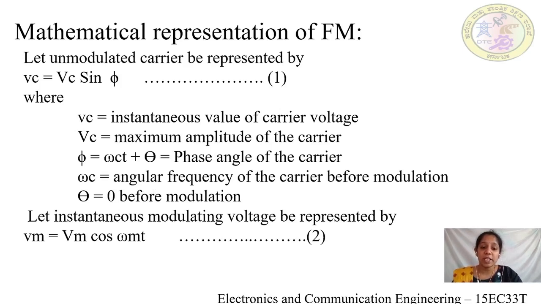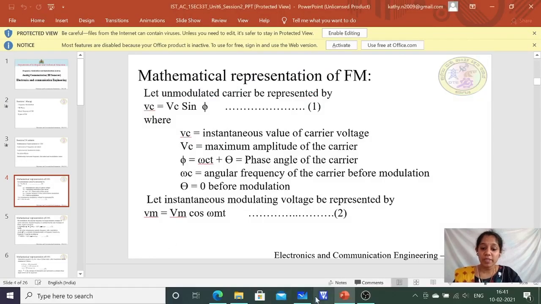Let the instantaneous modulating voltage be represented by vm equals capital Vm cos omega m t. So we are taking two signals, one is the carrier signal, another one is the information signal. How is it represented?